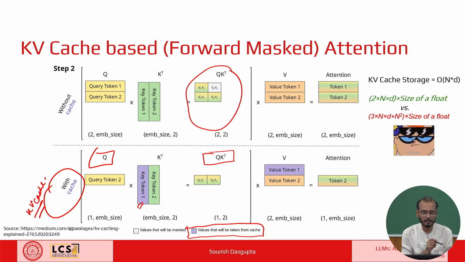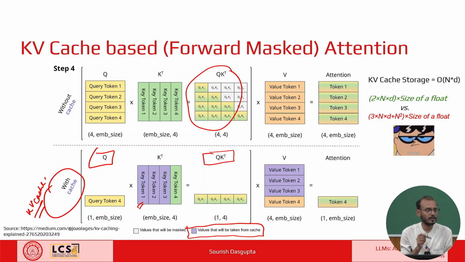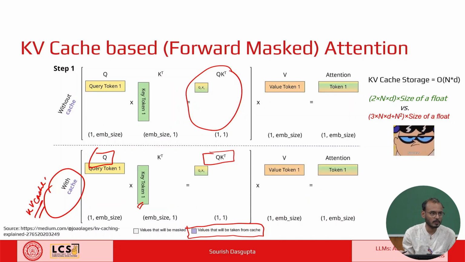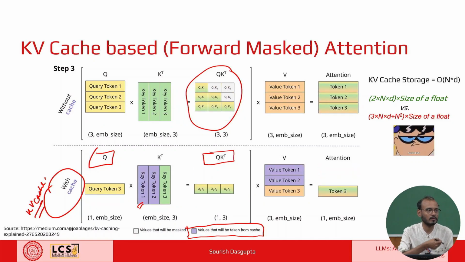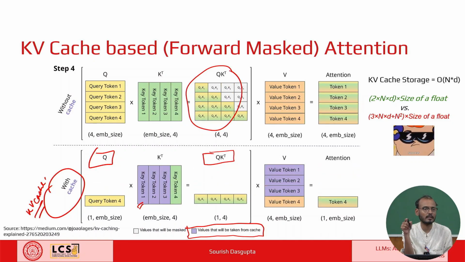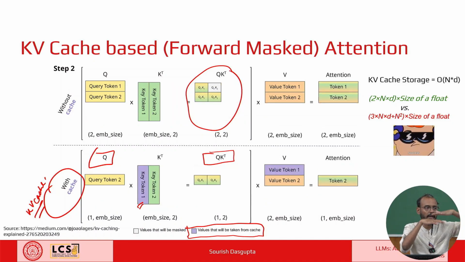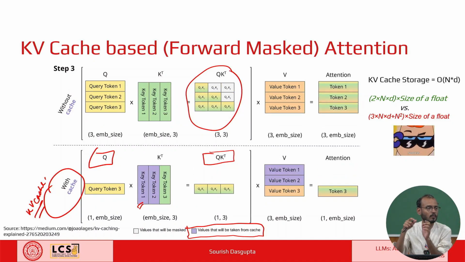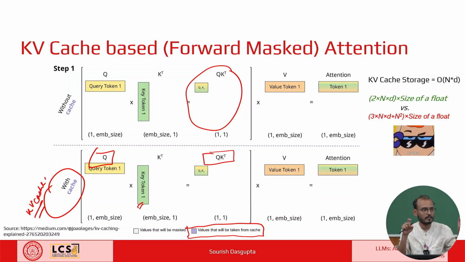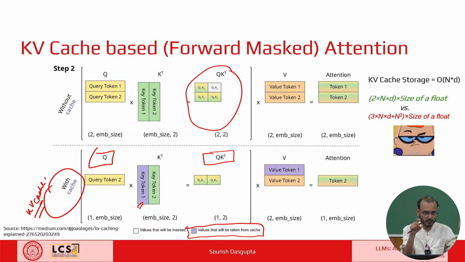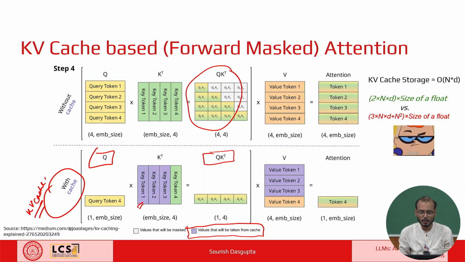So that's all you care about. Why? Because all you care about is predicting the next token, and that you can get only from that particular row. You don't need to know about the entire matrix. You can get what to predict from that particular time step row only, right?